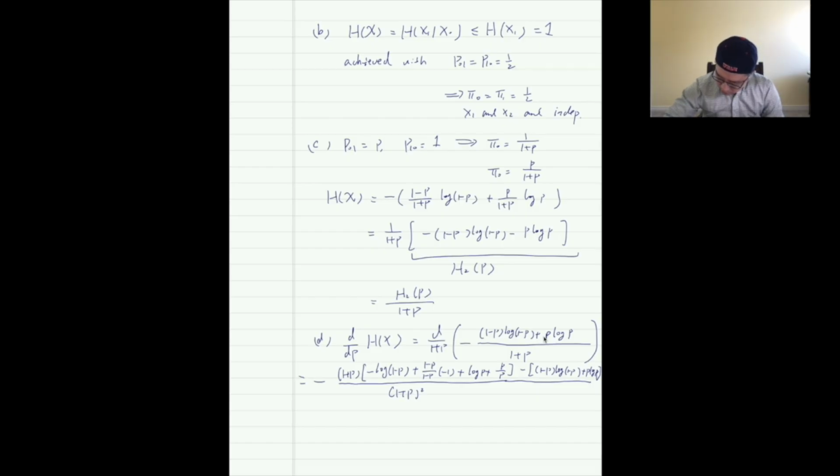Hope it's clear. Now let's simplify. We have (1 plus P) squared on the bottom, and on top there is a minus 1 and a plus 1, so these can be cancelled.